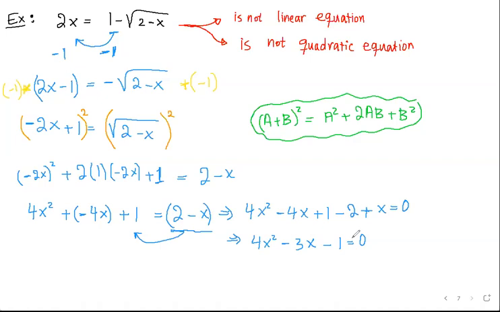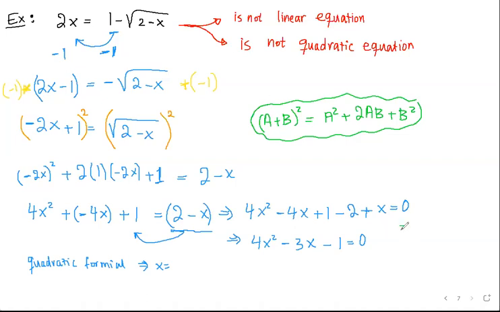The quadratic formula says x equals negative b plus or minus the square root of b squared minus 4ac, all over 2a. So let me write it down here.